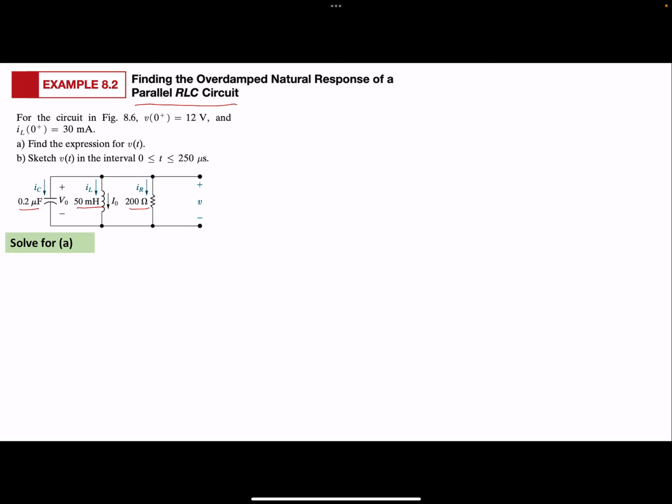And interestingly, just to make our lives easier, the problem provides us the values of the initial conditions, right? The initial voltage across the capacitor is 12 volts, and the inductor current is 30 milliamperes.